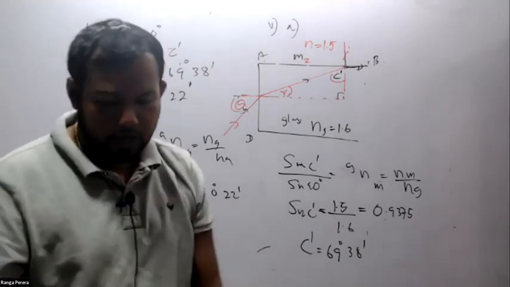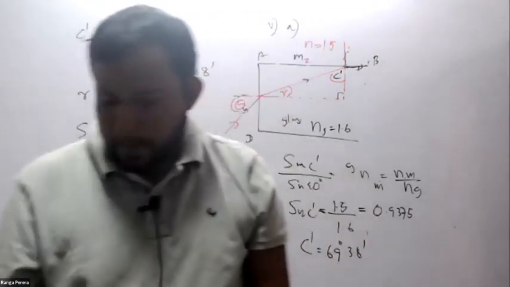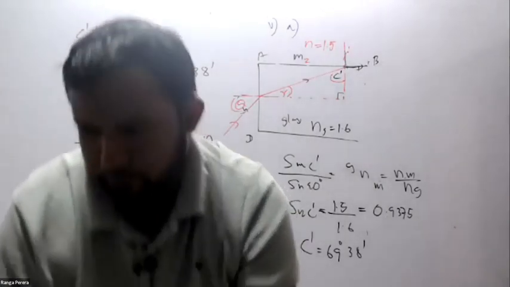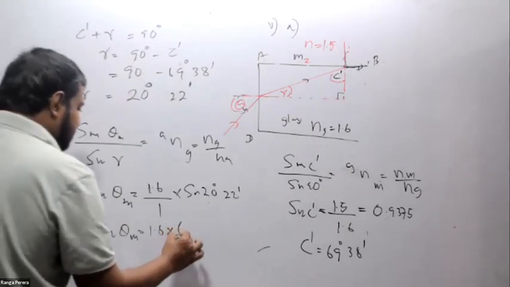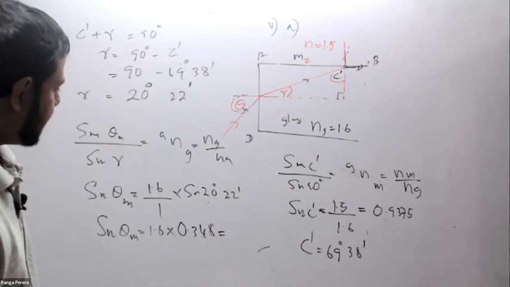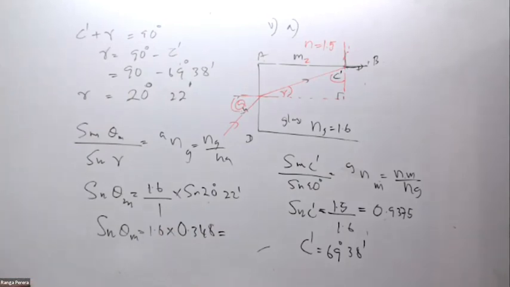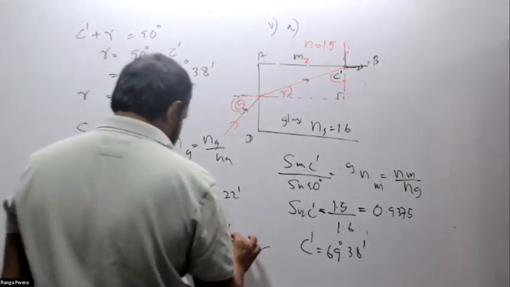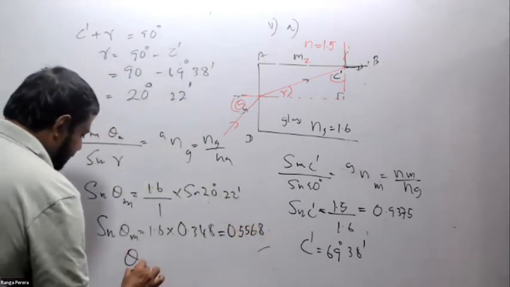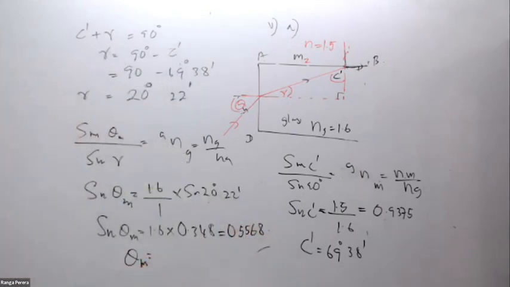Can one of you tell me sin 20 degrees 22 minutes? 0.348. If it is the case, 0.348 multiplied by 1.6 is 0.5568. Theta m. What's the value of theta m?